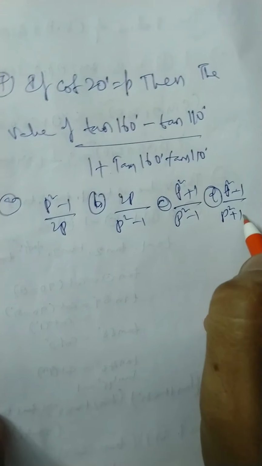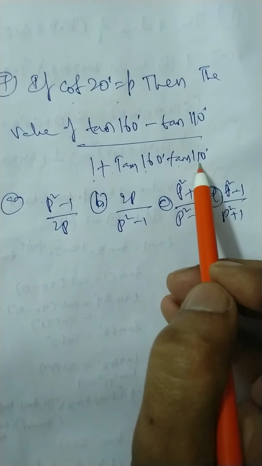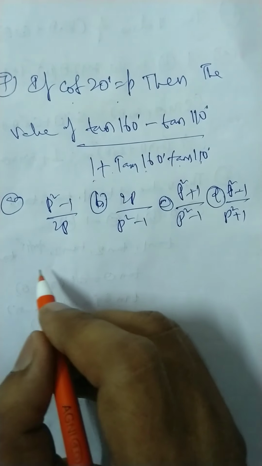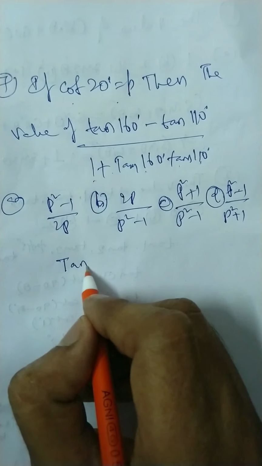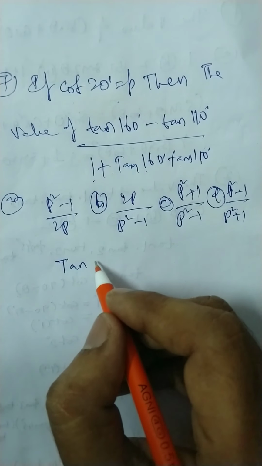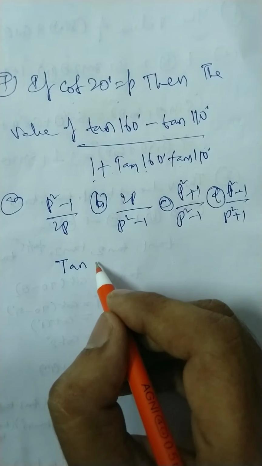To attempt this problem, where cot 20 is given and we are to find the value of (tan 160 minus tan 110) by (1 plus tan 160 tan 110), we should know some relations between tan and cot, and tan in terms of itself.